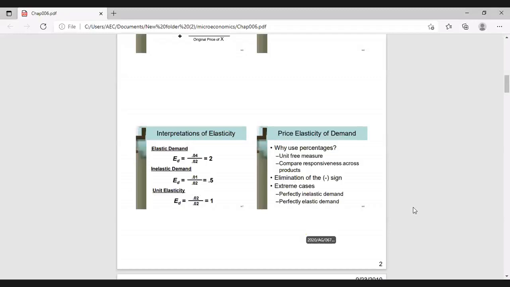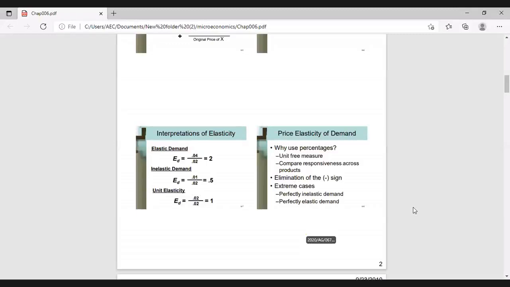But for luxury goods like smartphones and laptops, with a higher percentage price increase, say 10 percent, they will reduce the purchase. So the response is different, and if we measure in percentages, we will be able to compare.